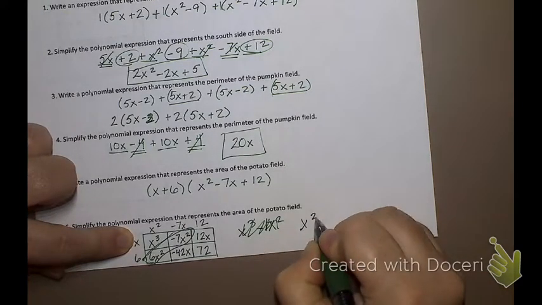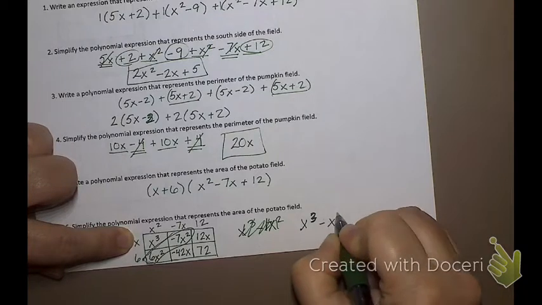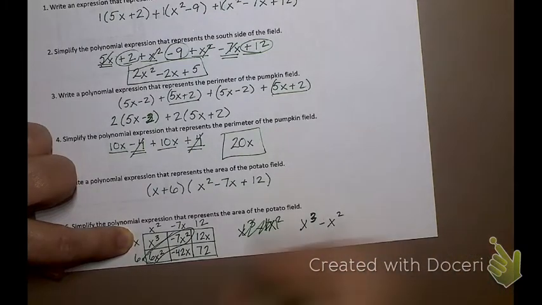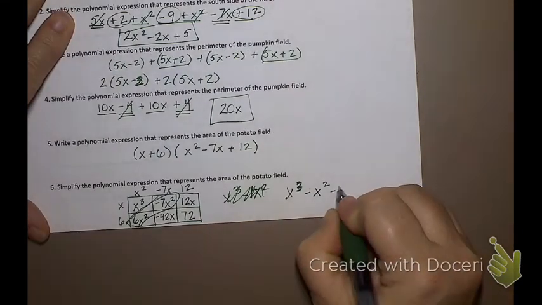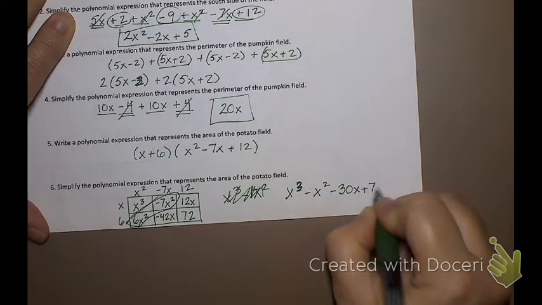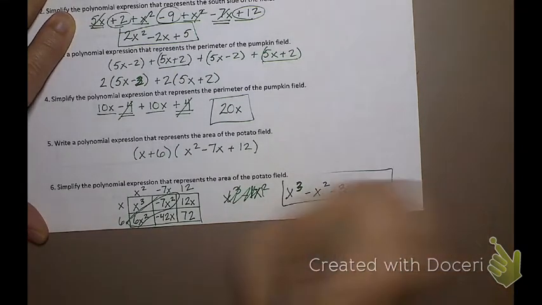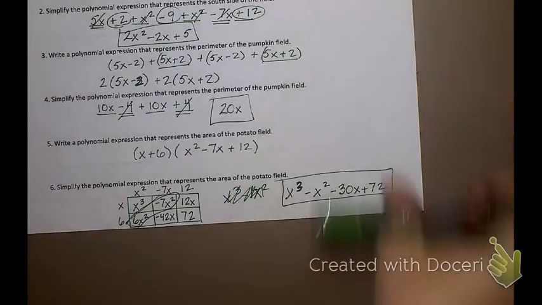I would just write x to the third minus x squared, correct? What's negative 42x and positive 12x? Negative 30x and then plus 72. Capiche? Pretty easy? Yeah. All right, let's look at the back side.